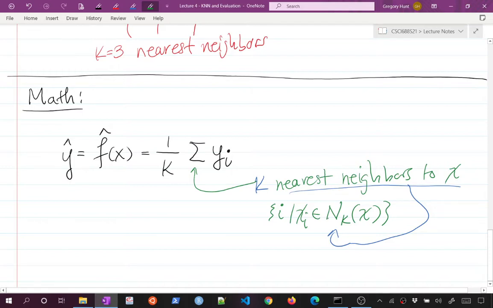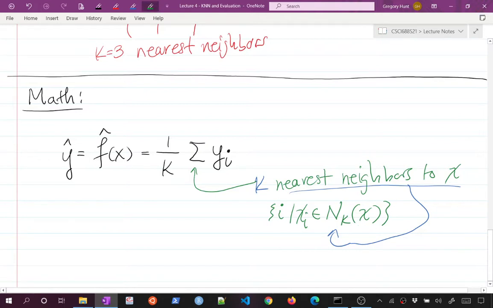So you see why this is a bit cumbersome to write out. Really, all it is, you average the y's that correspond to the k nearest training x's to the x I want to predict.